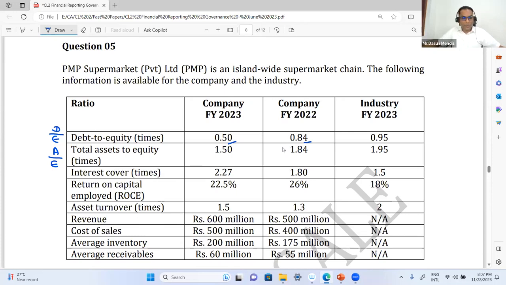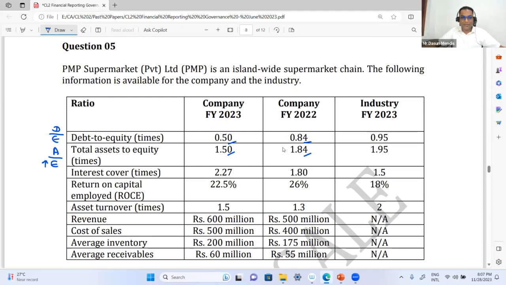So then what about the total asset to equity? You take assets as the numerator, divide that by equity. So that also shows that gearing has come down. Why? Because now the ratio 1.84 has come down to 1.50. So what does it mean that this ratio has come down? Your denominator has gone up, right?